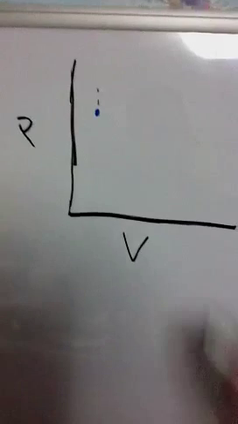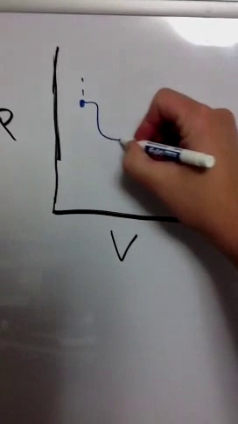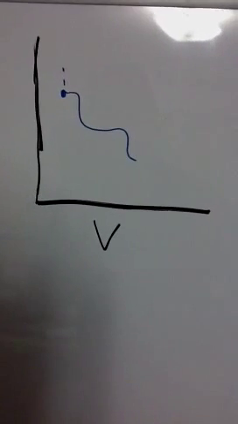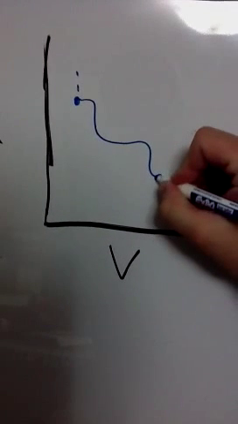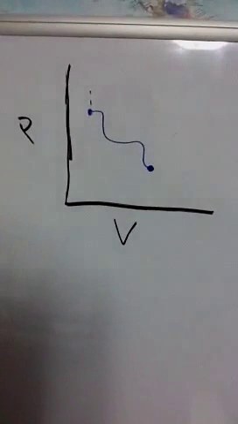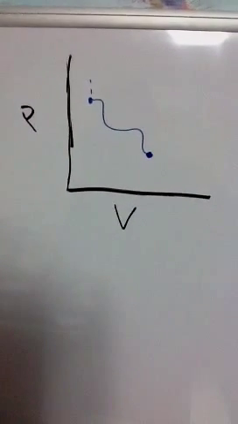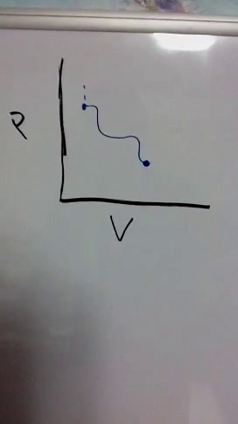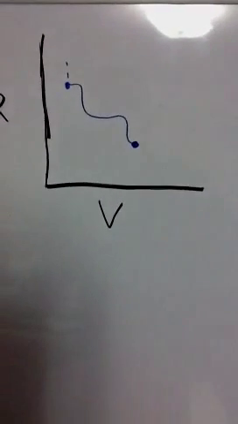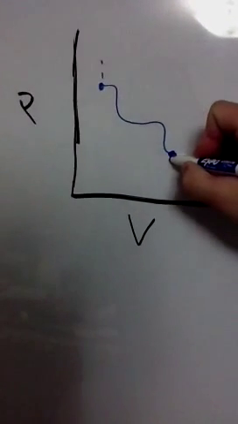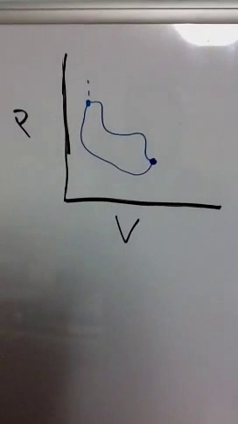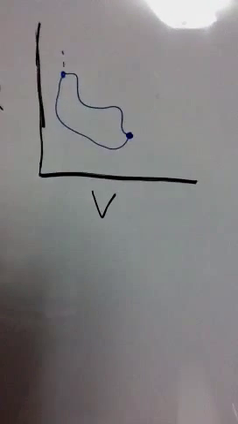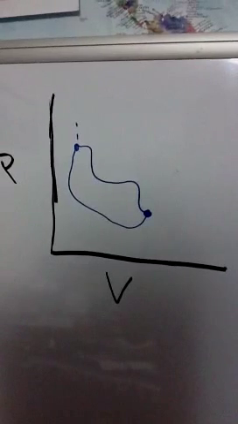And then it doesn't really matter how I get there, but the system then goes into a different state. In this case, the pressure is decreased and the volume is increased. And then I can return that system back to its original state.